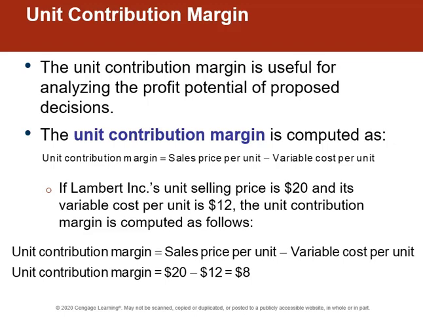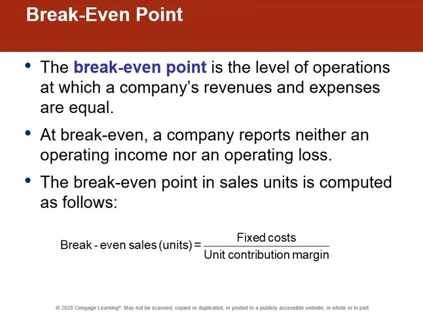Now, unit contribution margin is super helpful when we start calculating break-even points. As the name implies, the break-even point is the point at which revenues equal expenses. It is the point where net income is exactly zero. So we have no income, but we have no loss either.